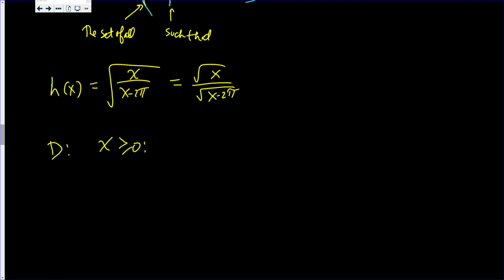What's under the second radical must be at least 0, and there's a denominator. The square root of x minus 2 pi cannot be 0, which you can just write as x minus 2 pi cannot be 0.